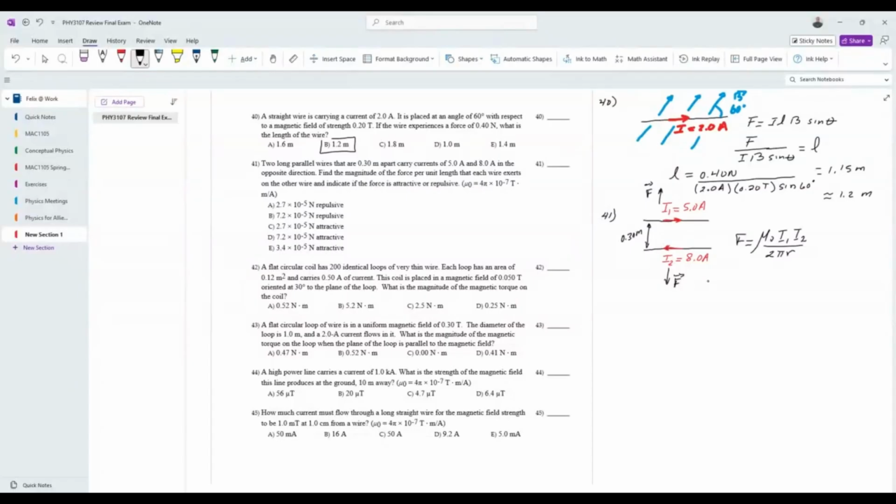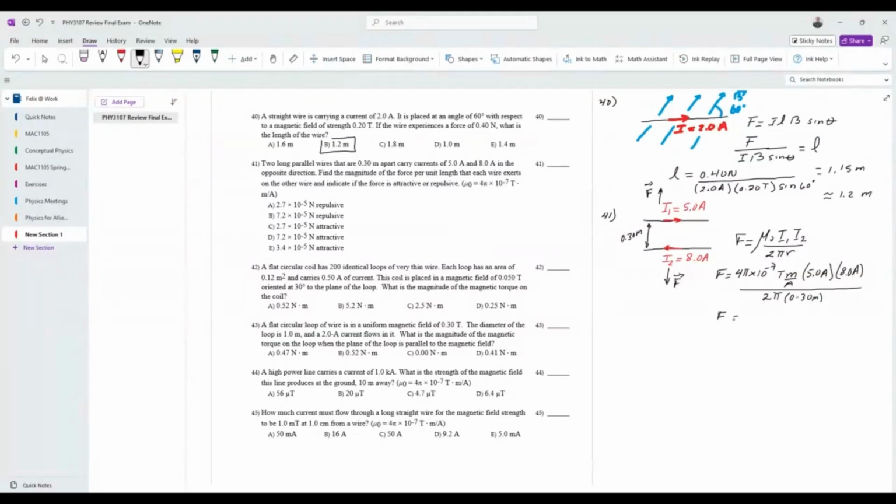We know I1 and I2, and we know the distance, so we can calculate the force. So the force will be 4 pi times 10 to the negative 7 Tesla meters per ampere times 5.0 amperes times 8.0 amperes, all over 2 pi times 0.30 meters.